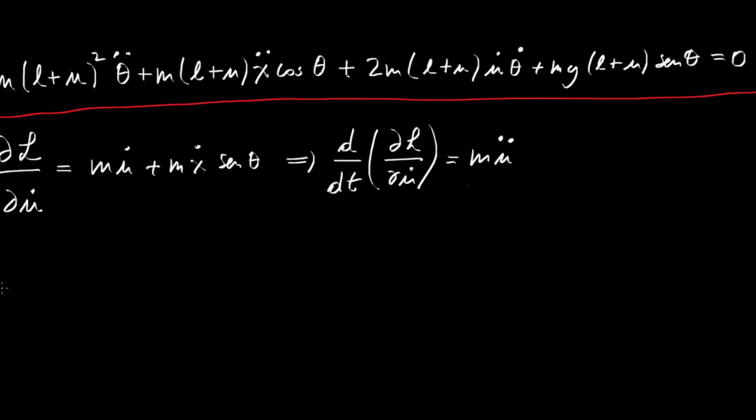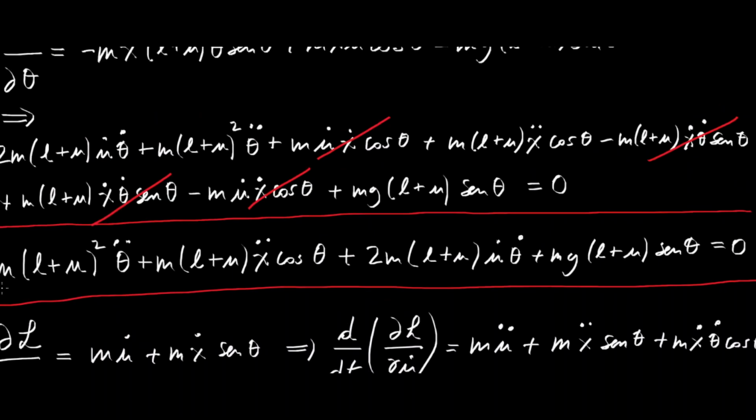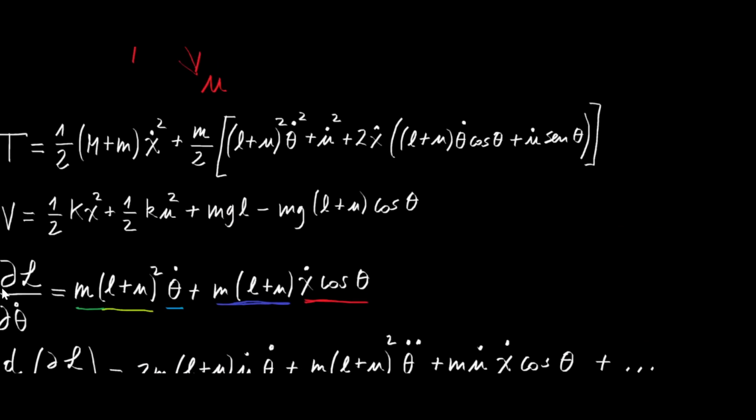m times u double dot, again here product rule, times x double dot sine of theta plus m x dot theta dot cosine of theta. And now the partial derivative of the Lagrangian with respect to the u coordinate. This u coordinate appears again both in the expression for kinetic and potential energy, so we have to be careful here.